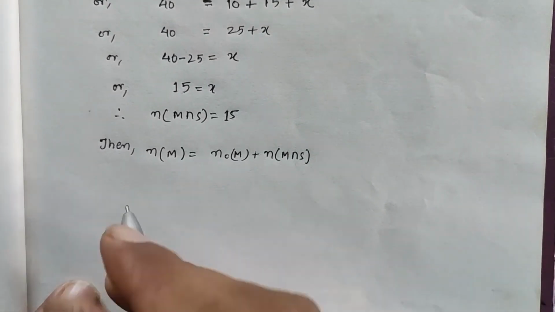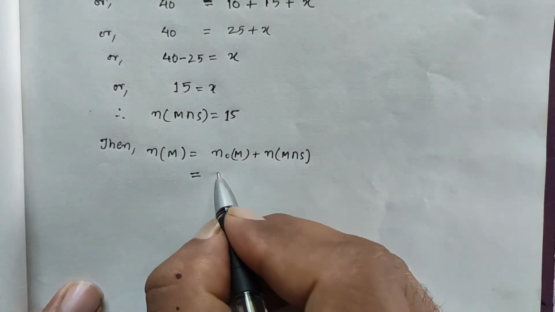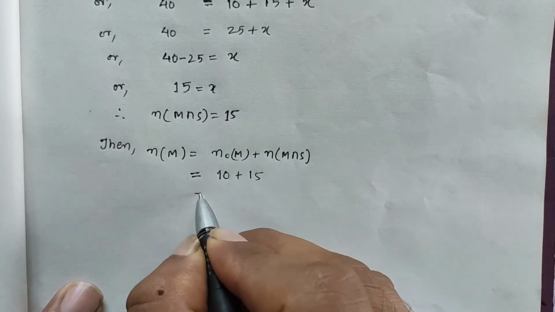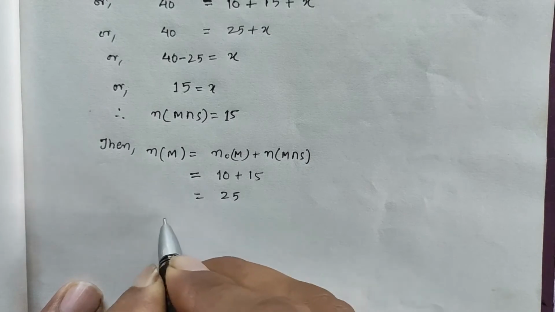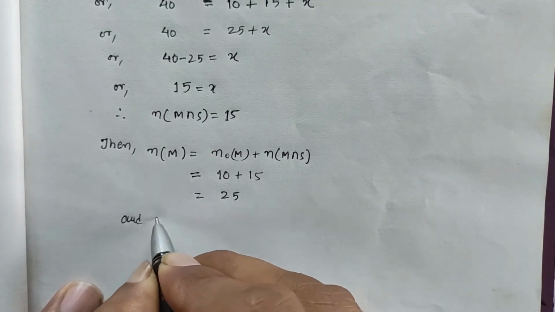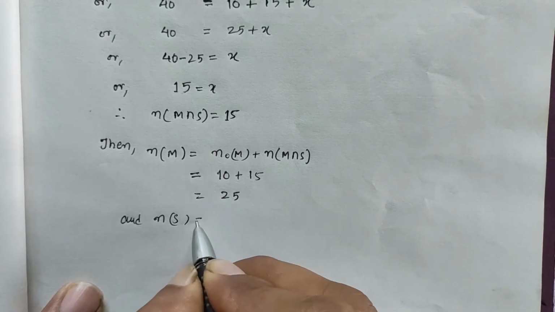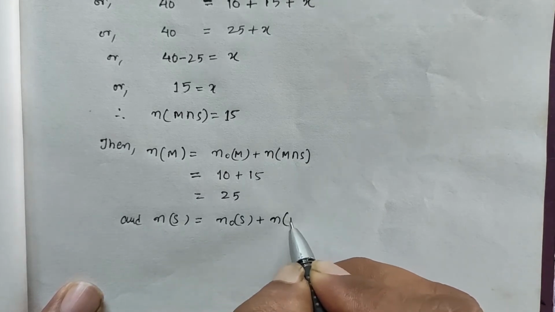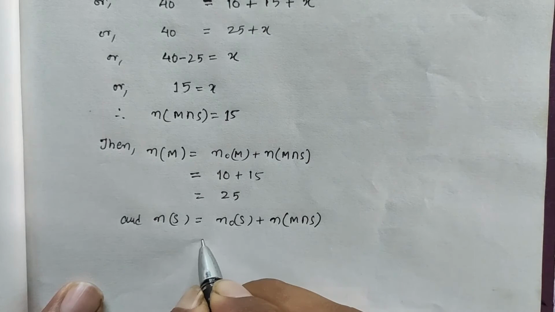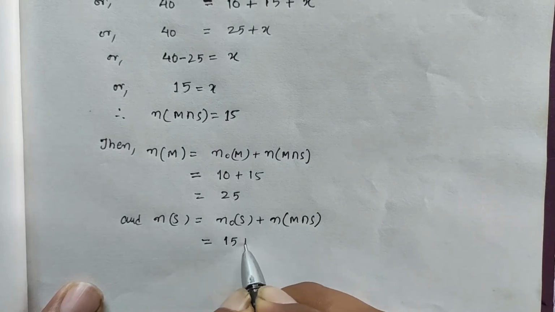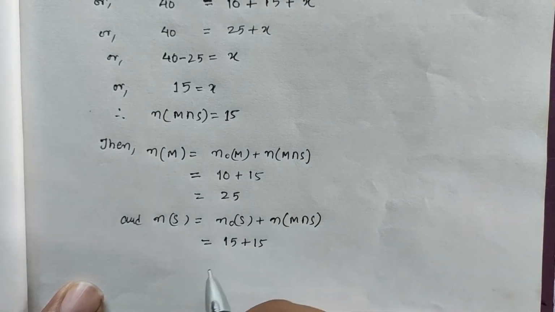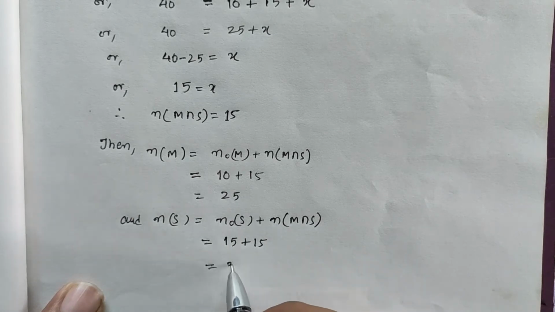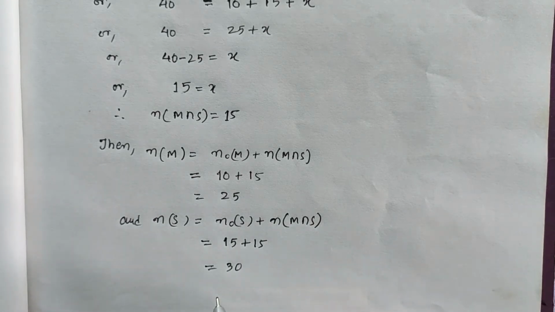Then right here 10 plus x is 15, so it is 25. And n(S) is similarly n only S plus intersection. So we can get intersection is also 15 and n only S is also 15, so it is 30.